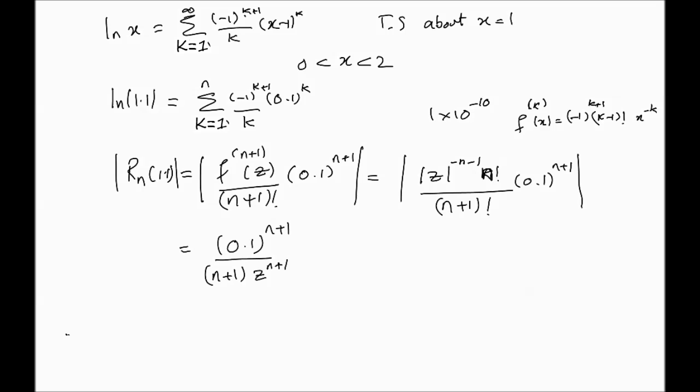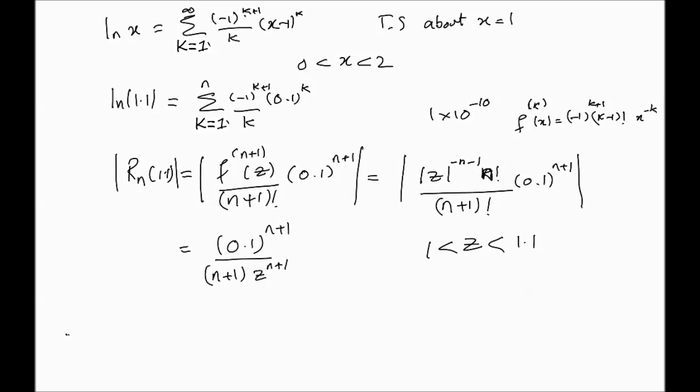Now remember, by definition, z is between x and c. x is 1.1 and c is 1, so z is a number somewhere between 1 and 1.1.